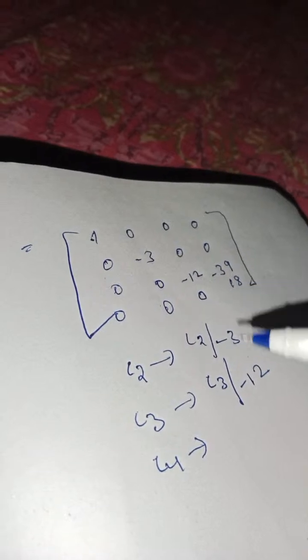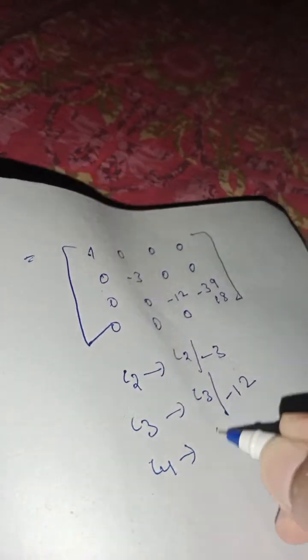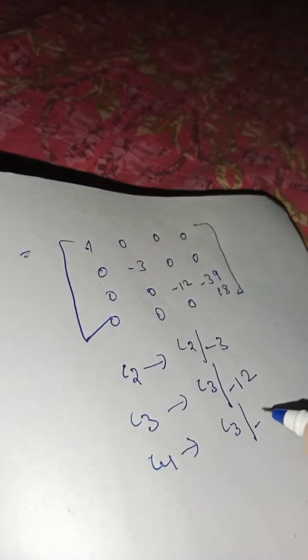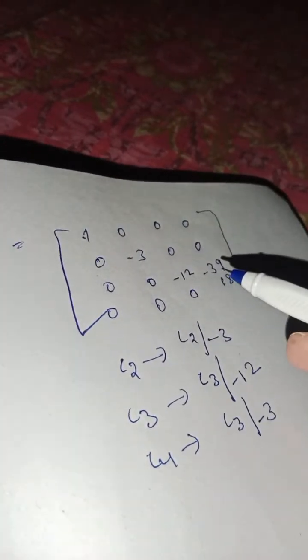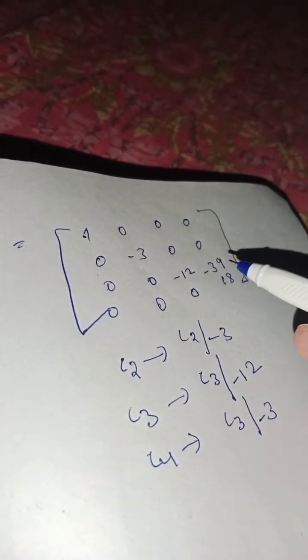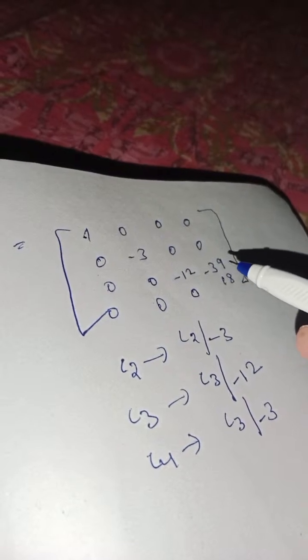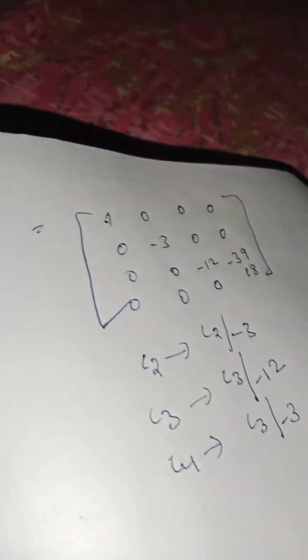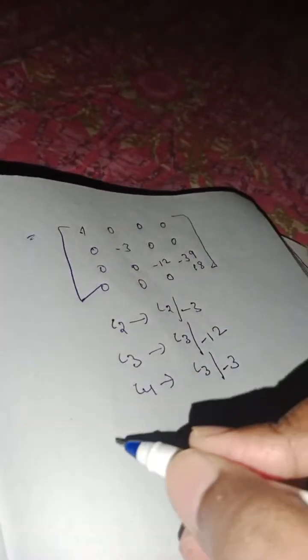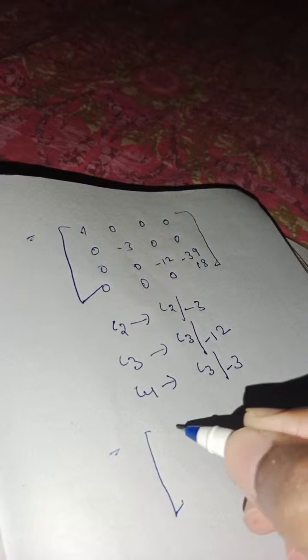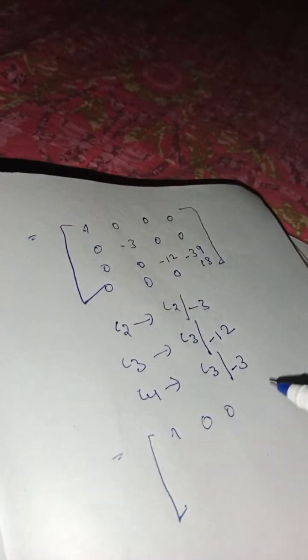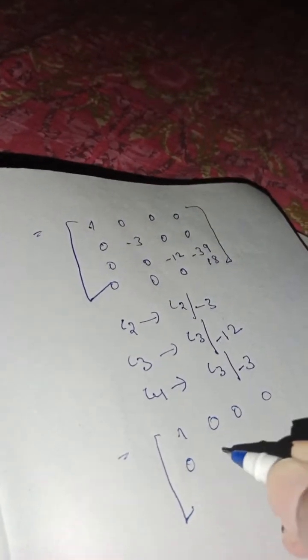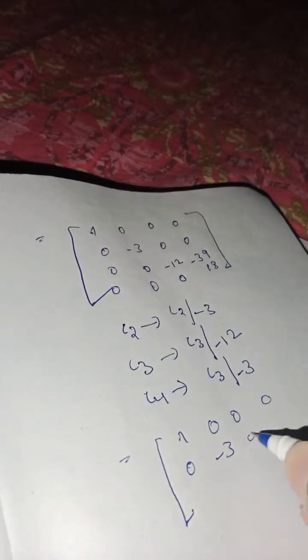So what we are going to do is, C3 by minus 3. So if we do that, 13 threes are 39 and 3 6 are 18. The matrix will be now 1 0 0 0 0 minus 3 0 0.